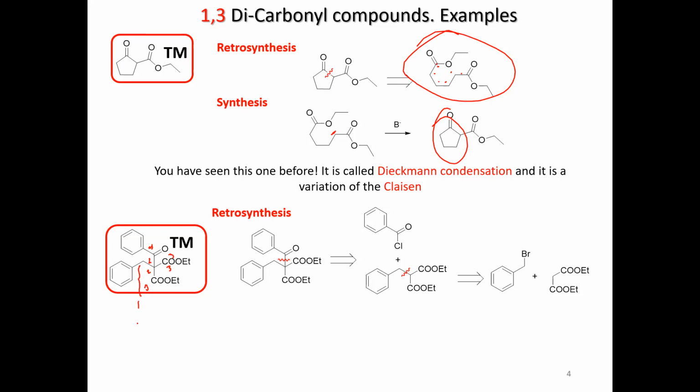But again, you can use the same trick. Disconnect here so that you have a proton on this molecule, which has 2 very acidic protons, easily taken by a base, which can attack this one via SN2. Again, whenever you see symmetry, use it because it helps.